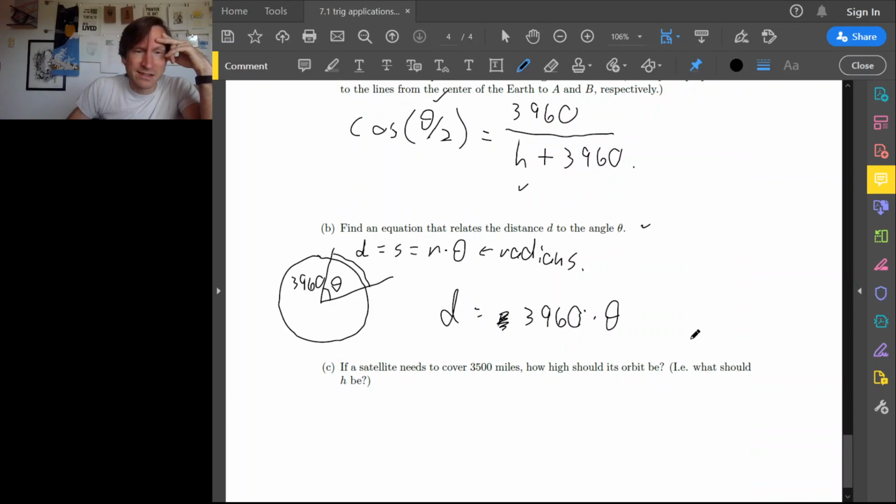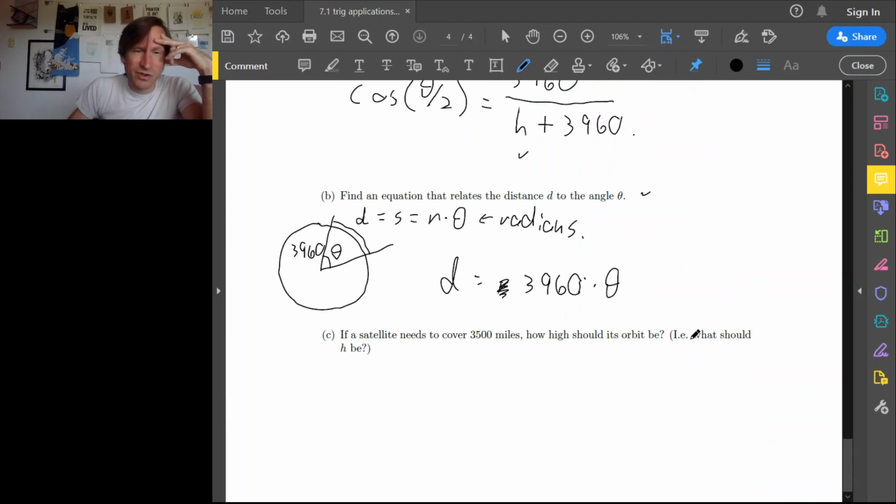So if a satellite needs to cover 3,500 miles, how high should its orbit be? So let's see, this 3,500 miles, that's a value for d, because that's a distance along the surface of the Earth that we need to cover. And we need to find how high its orbit should be. That's h.